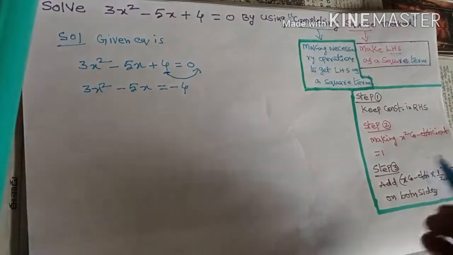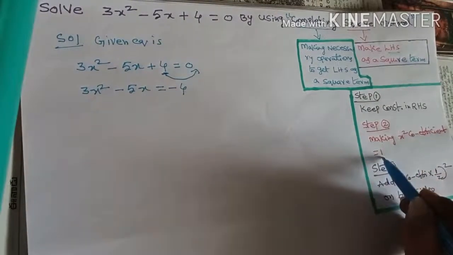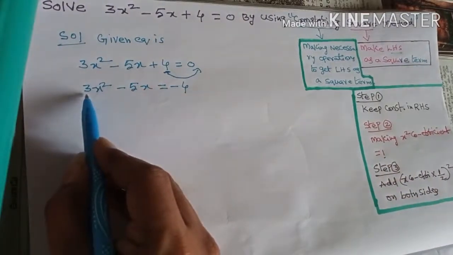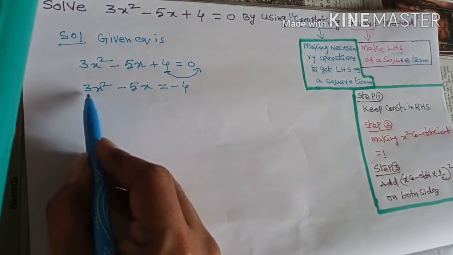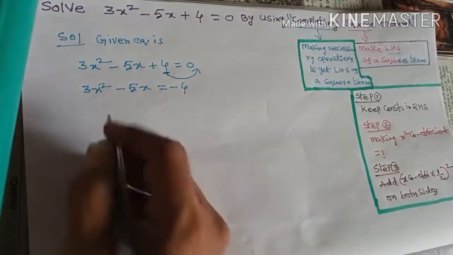Then next, what is the second step? Making the x square coefficient equal to 1. Here, what is the x square coefficient? 3. Therefore, how can you make this 3 as 1?